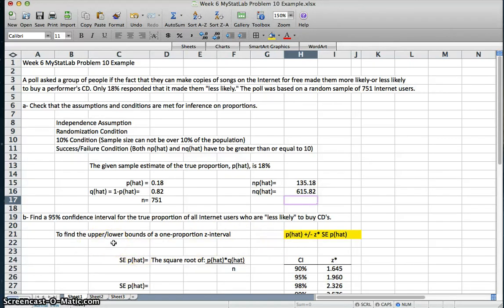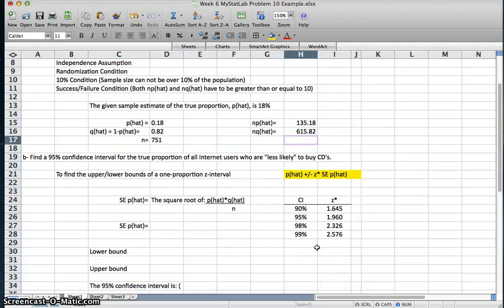So we're going to find the upper and lower bounds of a 1 proportion Z interval, and we're going to use the formula p hat plus and minus our z-score times the standard error of p hat. So let's look at what we have here. They gave us a table with confidence levels of 90, 95, 98 and 99%, and their z-scores that go along with it.